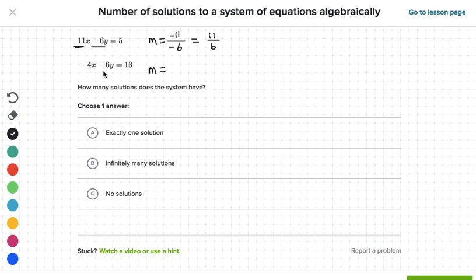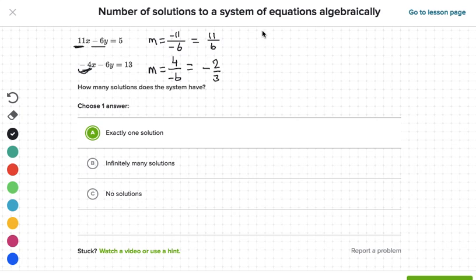For this slope, the inverse of the first term is +4, just change the sign, over -6. And immediately we see this is -2/3, which is not the same as 11/6. So we don't even have to go into the y-intercept, which would be 5/6 and 13/6, because the slopes are different, telling us there's exactly one solution.